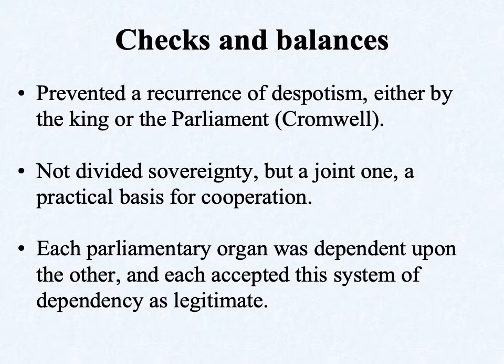Now, it's not divided sovereignty, right? The idea that it's not this kind of hostile relationship of opposition, but rather a joint relationship or joint sovereignty, right? A practical basis for cooperation. Each parliamentary organ is dependent upon the other, and each accepts this system of dependency as legitimate.